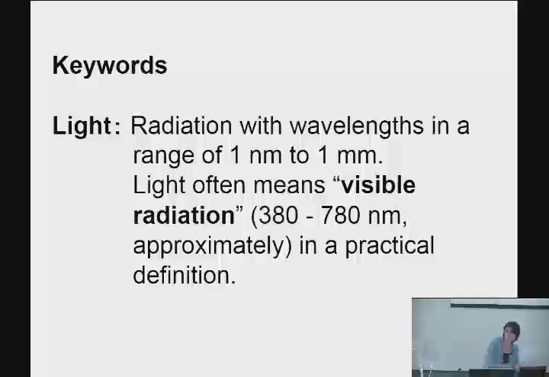Green light you can obviously see. That's why traffic lights work that way. So we define radiation using wavelengths. For a certain range, a wave band, we call this radiation UV radiation, infrared radiation, or visible radiation. The visible radiation wave band is generally defined as 330 to 730 nanometers.